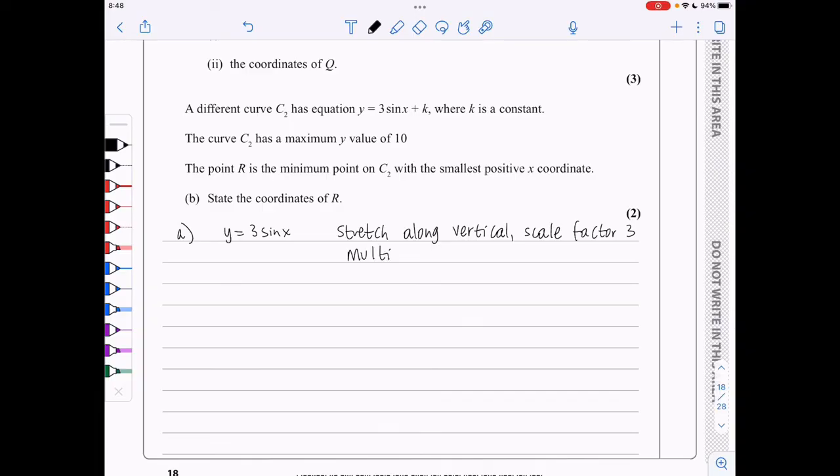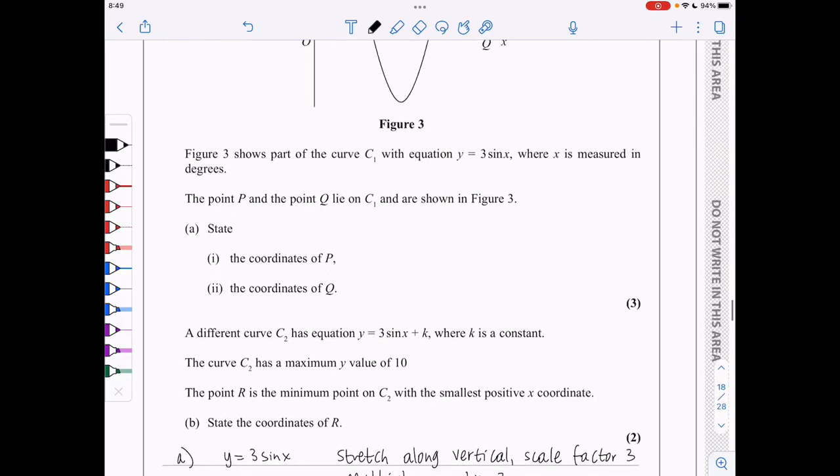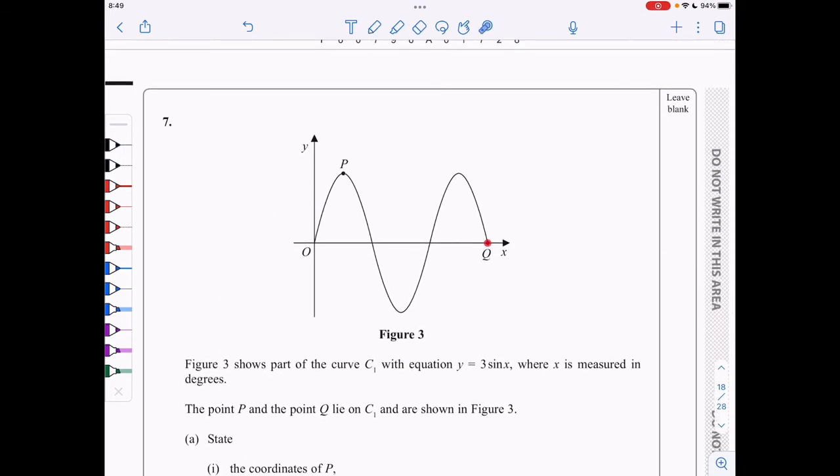We know that the original graph of sine x has a maximum point at 90, 1. And if I multiply the y values by 3, it's going to be 90, 3. These are the coordinates of P. And then for the coordinates of Q, well, Q is this point here.